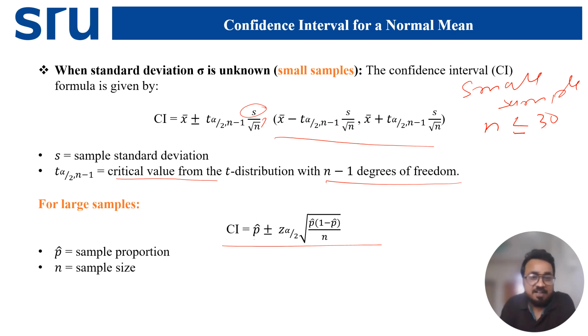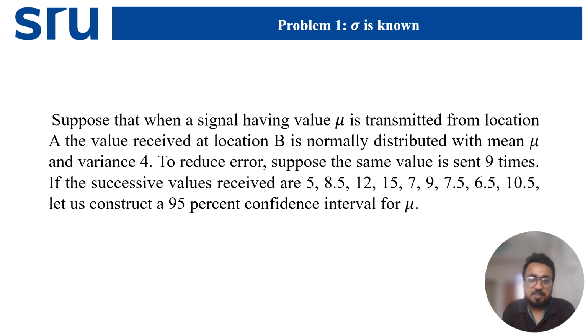Now let us understand this concept by solving some numerical problems. Let us take an example based on the confidence interval. First question: suppose that when a signal having value mu is transmitted from a location A, the value received at location B is normally distributed with mean mu and variance 4.